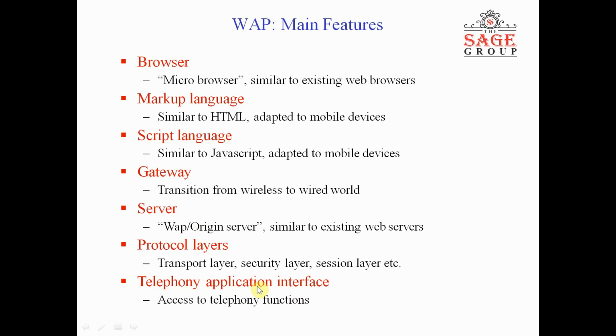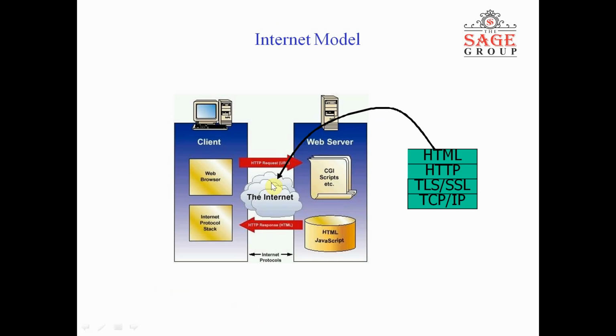After that, telephone application interfaces also use WAP. This is the internet model: these are the clients, and these are the servers. With the help of the internet, the client is connected to the servers with the help of browsers. Firstly, on the client, you open the browser and send a request with the help of HTTP through the internet.